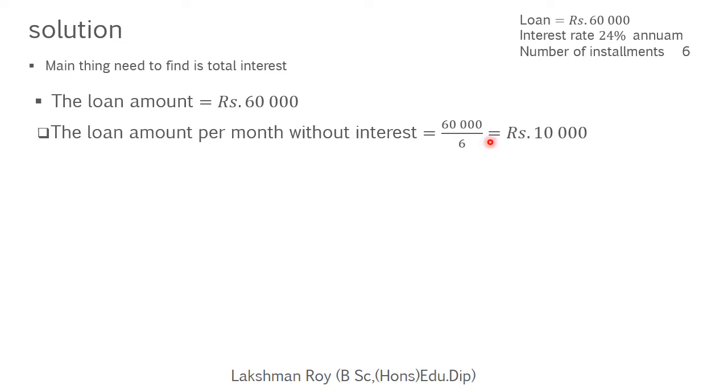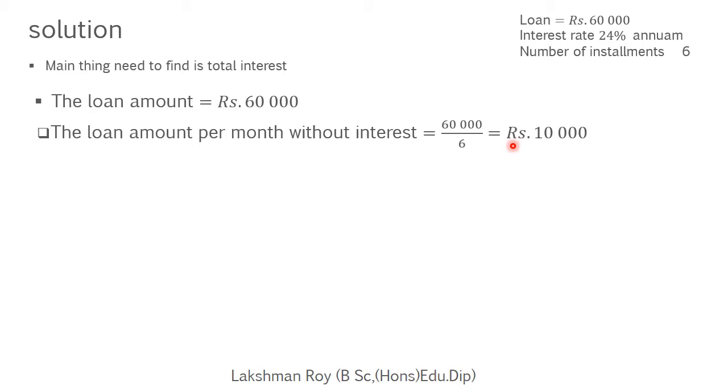What is the amount? The loan is 60,000, paid within 6 months. That means 60,000 divided by 6, you get 10,000 rupees. So if he pays 10,000 rupees every month, within 6 months he can settle the loan.